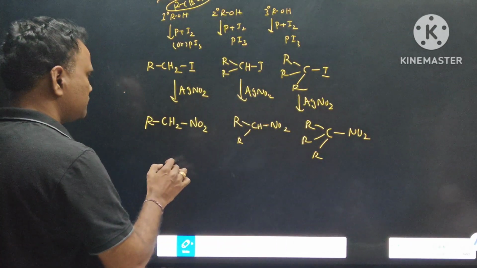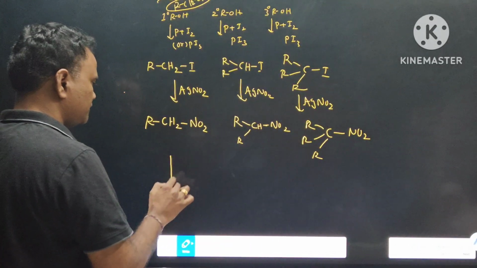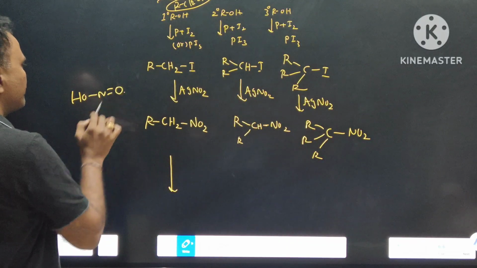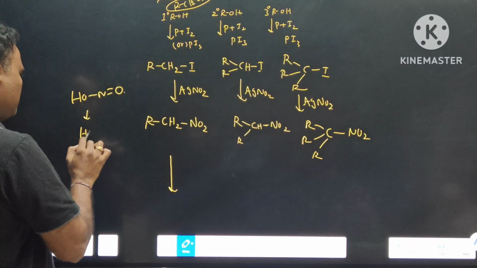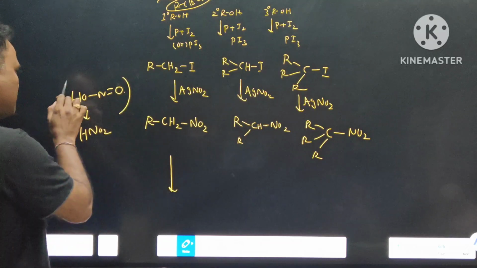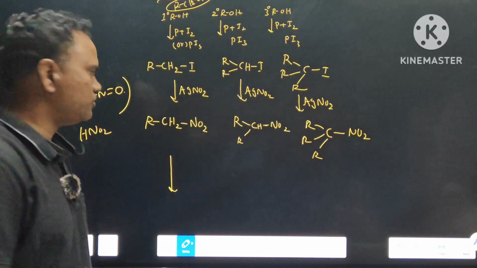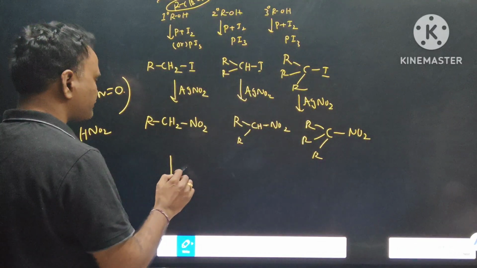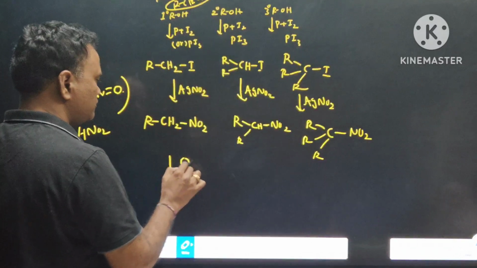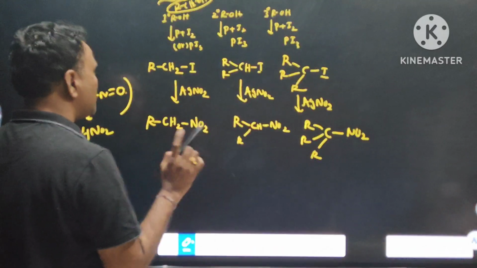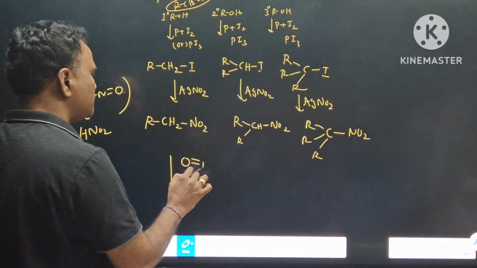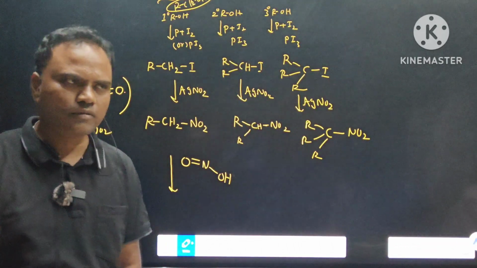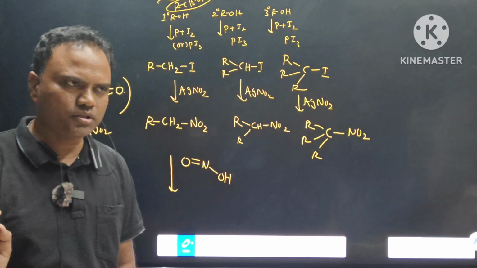Once look at this. You can write HNO2 in the bracket. HNO2 can be represented like this. Once again, you need not learn all these things.